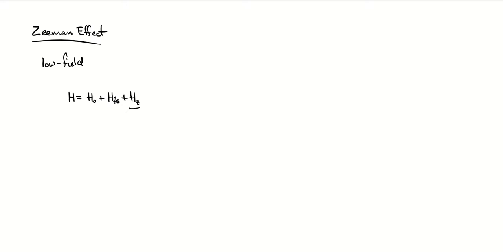So what we do in the low field limit is we look at what we had for the hydrogen atom, including the perturbations to the fine structure terms, and we use that as our zeroth order states and energies. Then we applied the Zeeman term as our perturbation to that system.